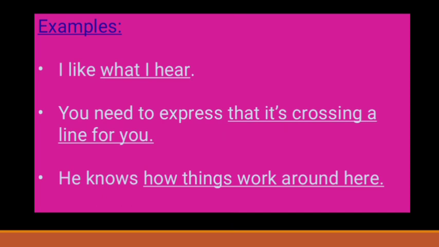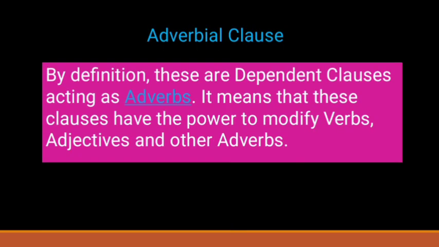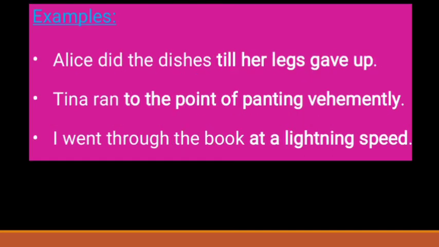Now let's proceed with the adverbial clause. By definition, these are dependent clauses acting as adverbs. It means that these clauses have the power to modify verbs, adjectives, and other adverbs. Examples: Alice did the dishes till her legs gave up.